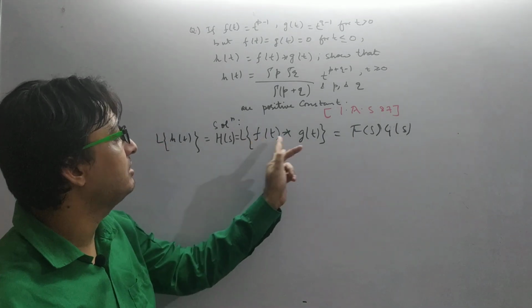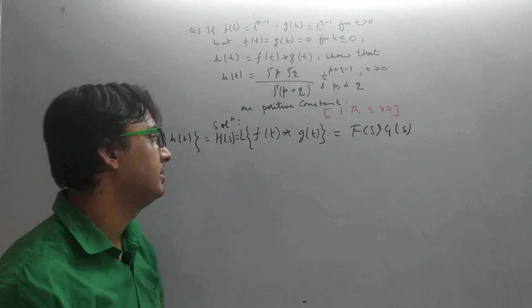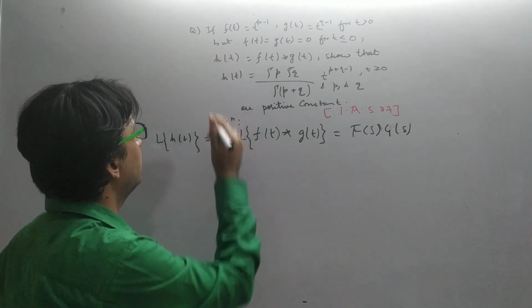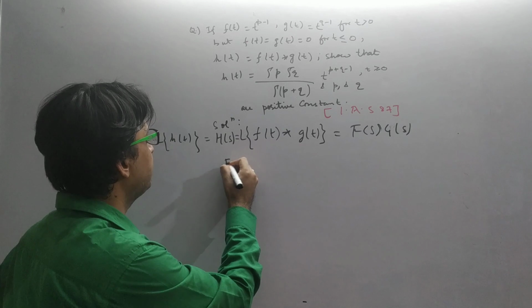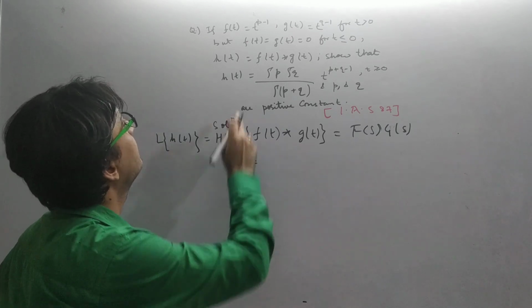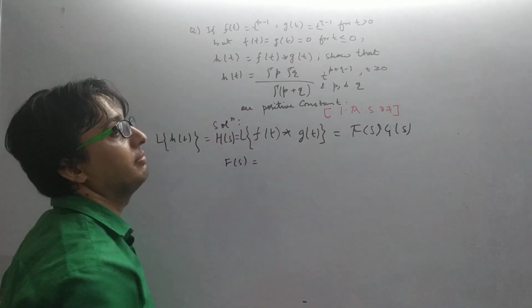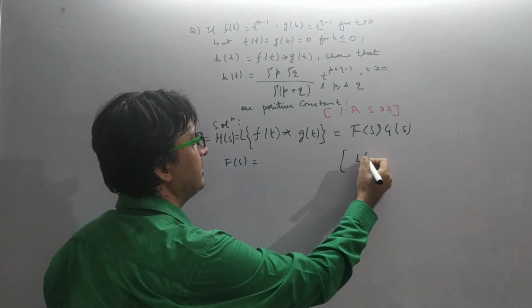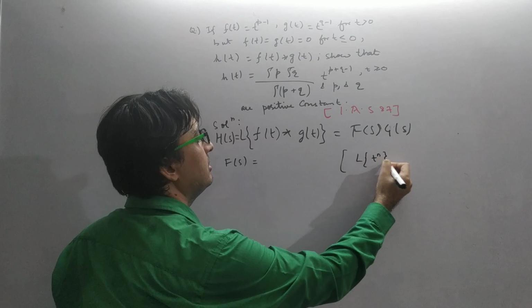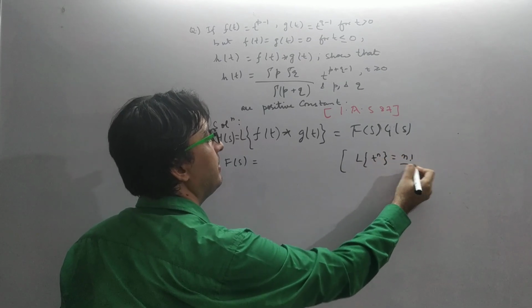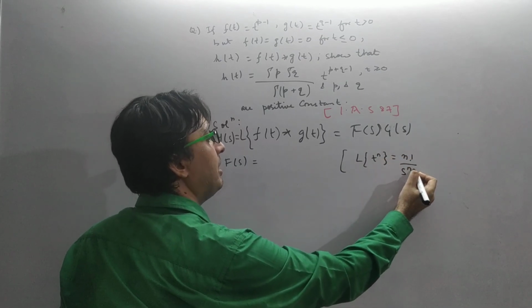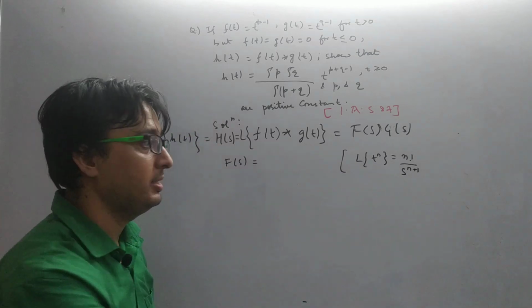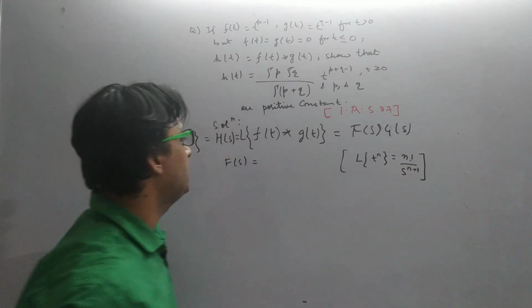And what are we using? The convolution property. What is the Laplace transform of f(t)? F(s). This is t to the power p minus 1. We know that the Laplace transform of t to the power n is equal to n factorial by s to the power n plus 1. Now we are going to apply it.